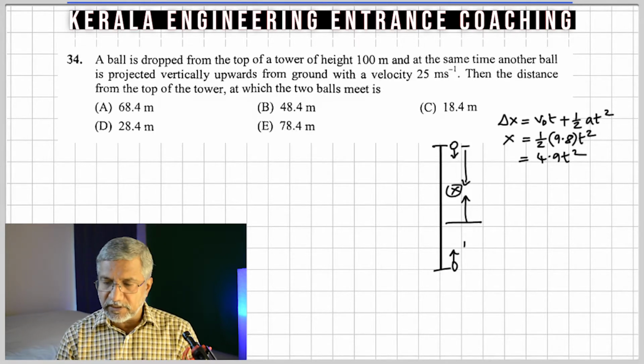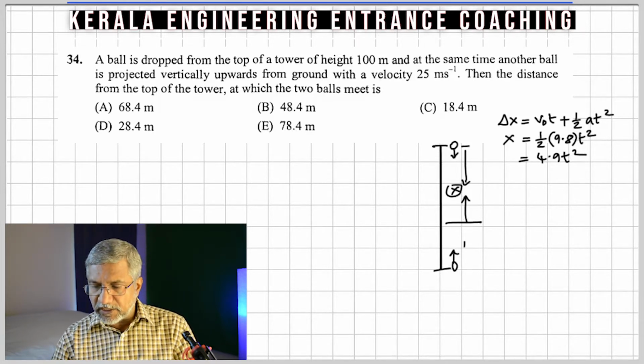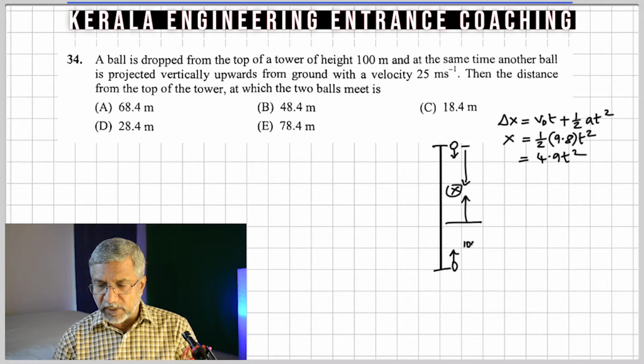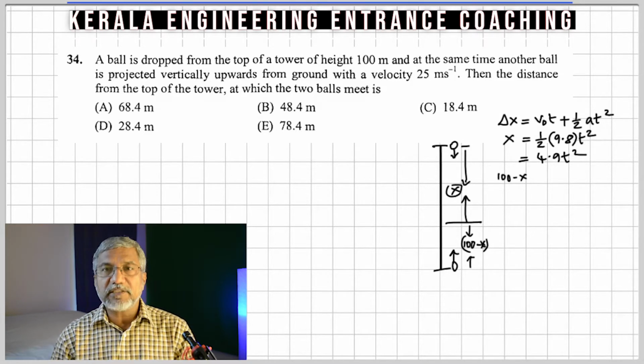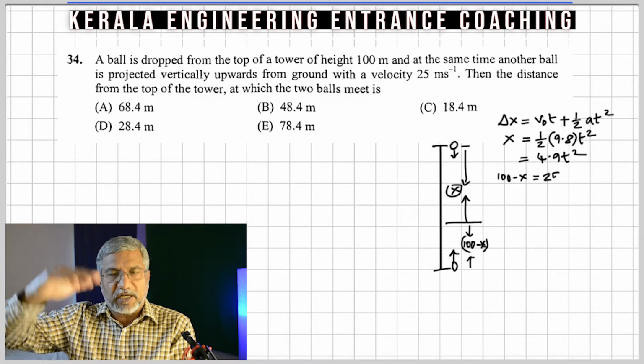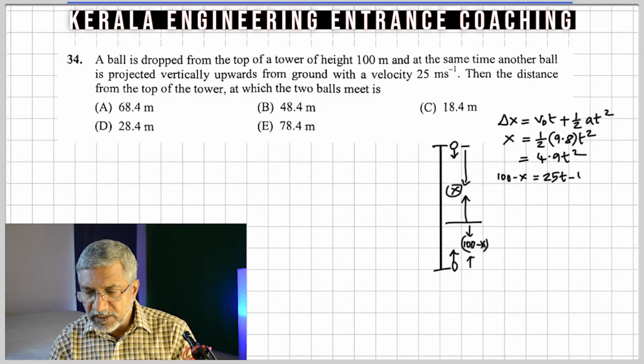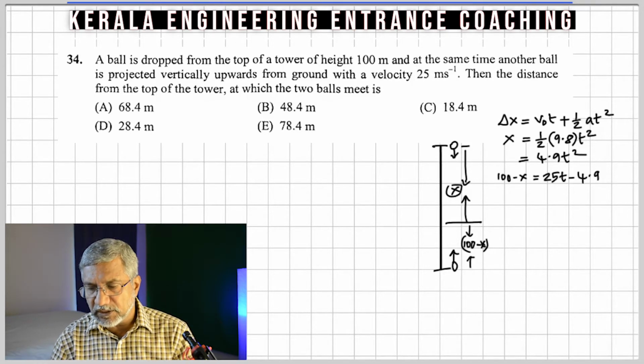That makes sense, right? Now for the second object, when we try to write a similar formula, remember that is 100 minus x. You would get 100 minus x, because the displacement is 100 minus x, is equal to 25t minus 4.9t².